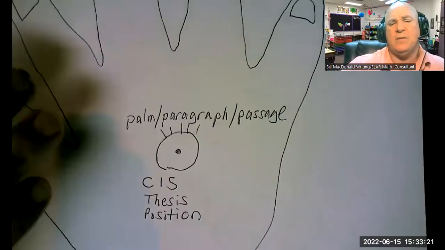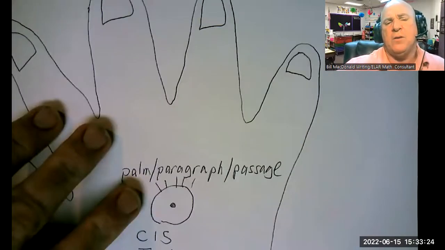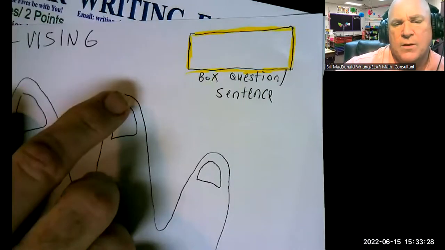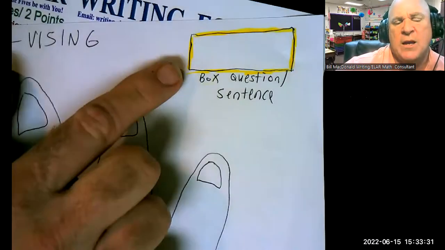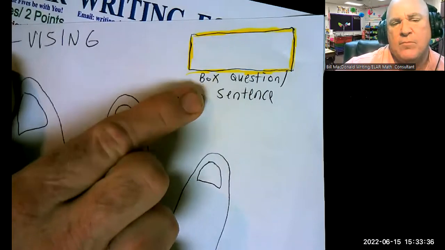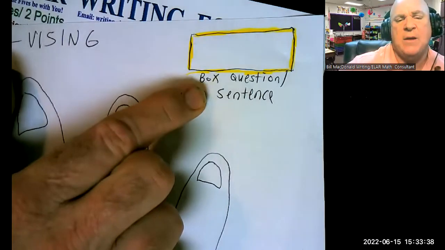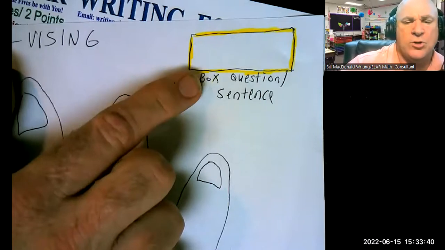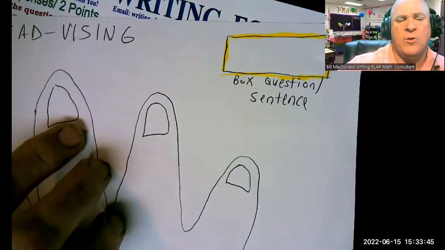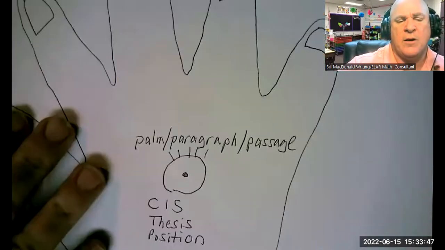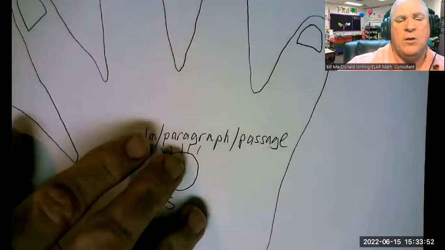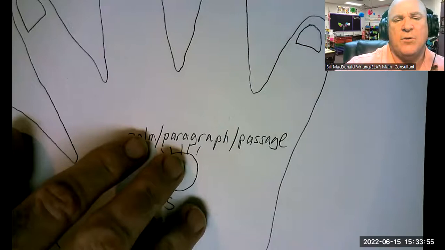The last kind of sentence that I might ask you to think about is, sometimes in revision they're going to give you a box sentence, and it's going to have a question that will say, where can this sentence be placed inside paragraph 1 or 2 or 3? So again, you would write the word paragraph inside the hand palm that you would draw, and you would write down the sentence numbers that are there.